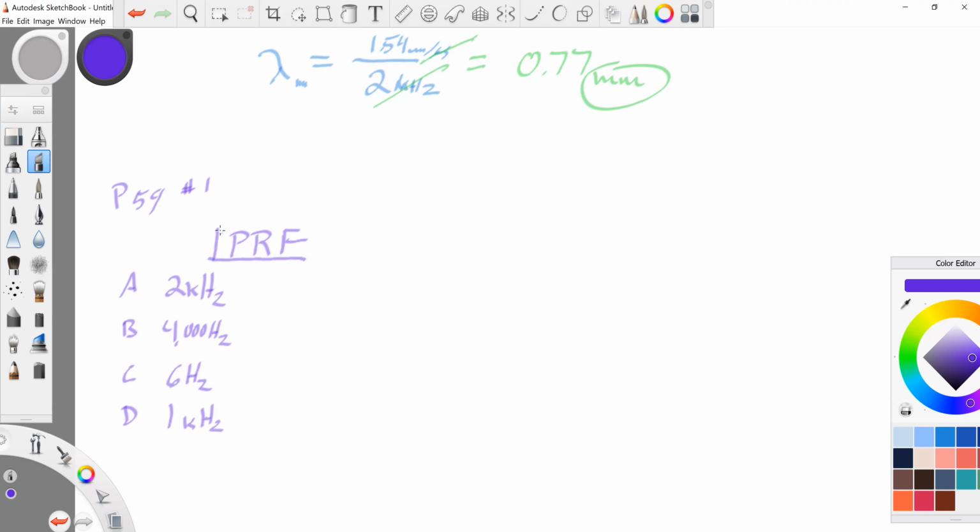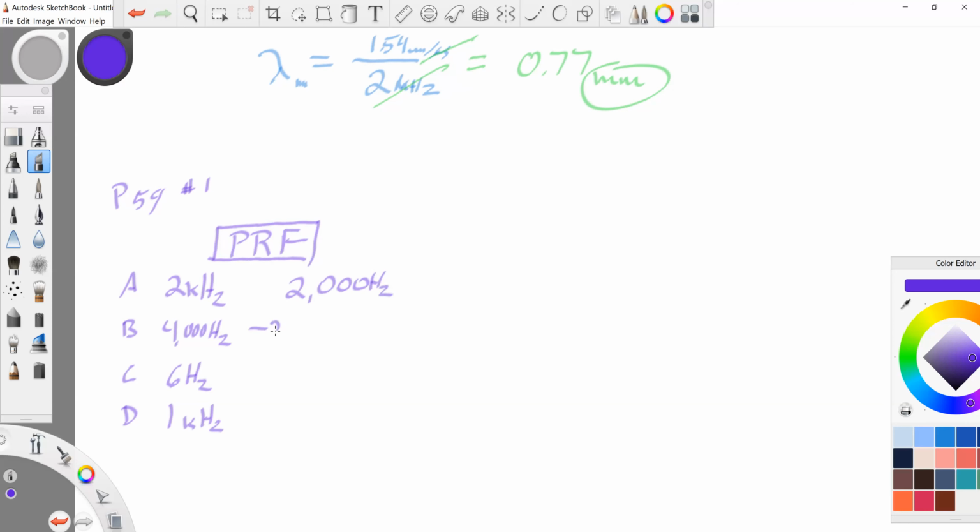PRF, pulse repetition frequency, is the number of times the machine is pulsing per second. Okay. Let's write this so that they're all the same units, because we have kilohertz and hertz in here. 2 kilohertz, that's the same as saying 2,000 hertz.